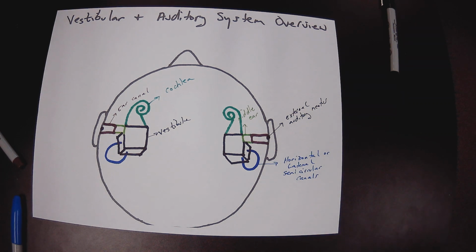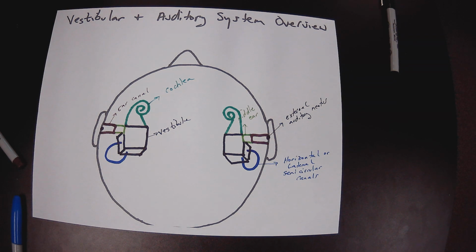In particular, since your horizontal canal is coming off laterally, it's involved in detecting the no motion. You're shaking your head no. Okay, you see that? So it comes off the side of the box, connects to the back of the box.